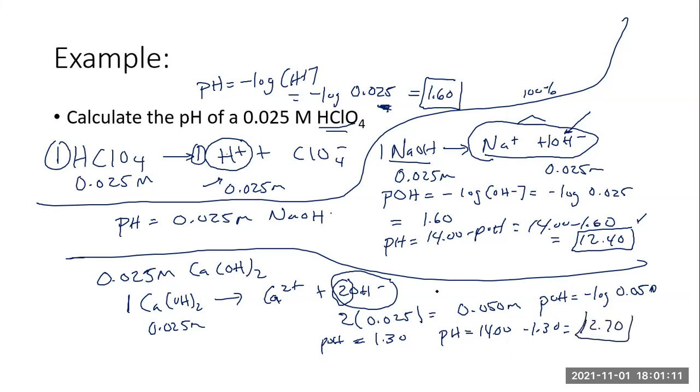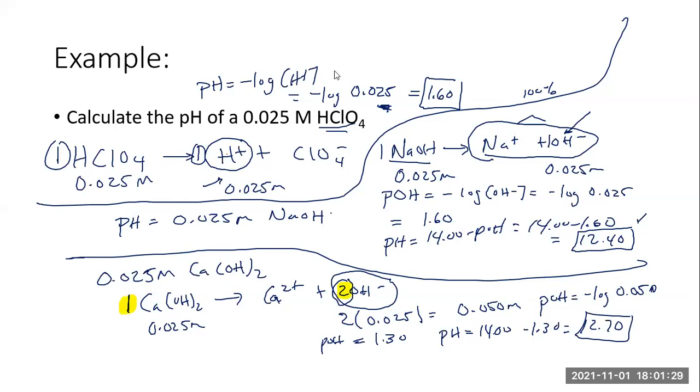So here again, remember, if it's not a one-to-one relationship, you do have to adjust the concentration correctly. Basically, we get twice as much hydroxide for every calcium that we toss into that solution. Any questions on that there?